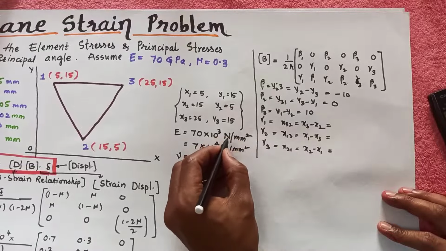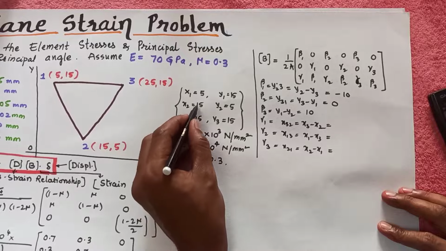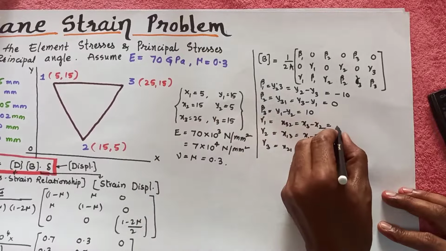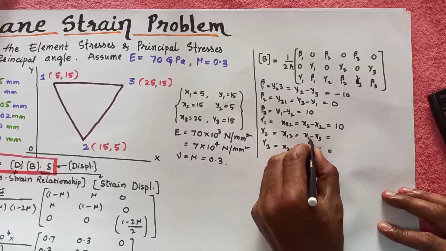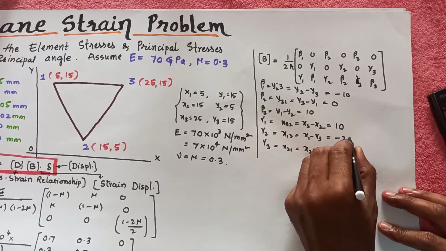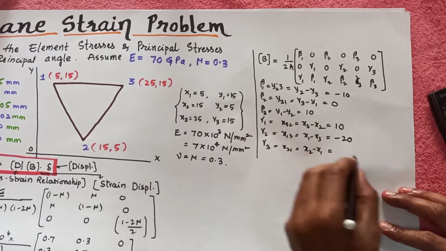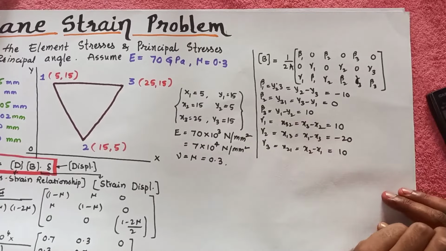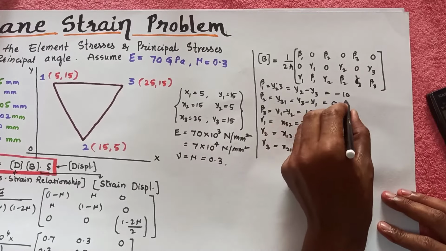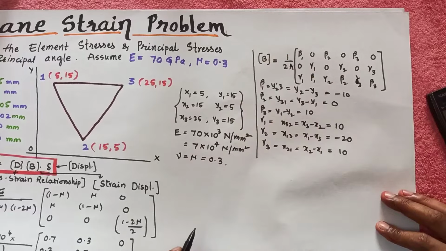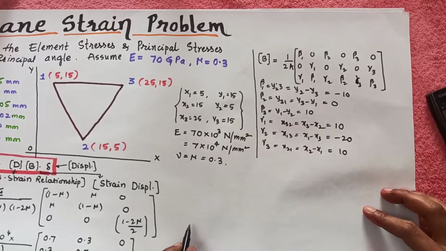Again x3 minus x2, 25 minus 15, you will get 10. x1 minus x3, 5 minus 25, you will get minus 20. x2 minus x1, 15 minus 5, you will get 10 here. So these are the beta 1, beta 2, beta 3, gamma 1, gamma 2, gamma 3 values.